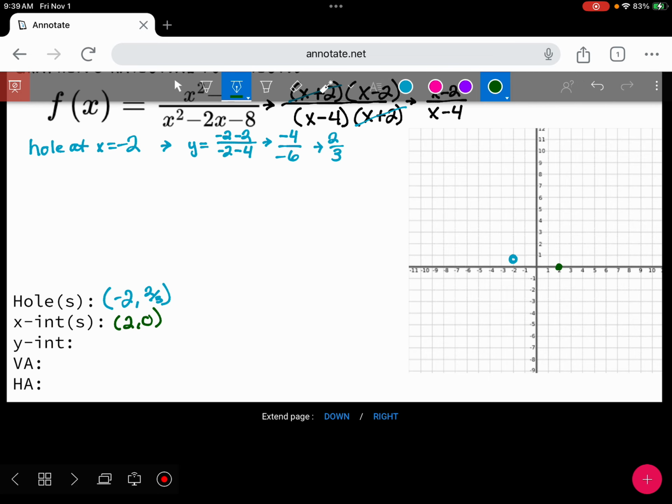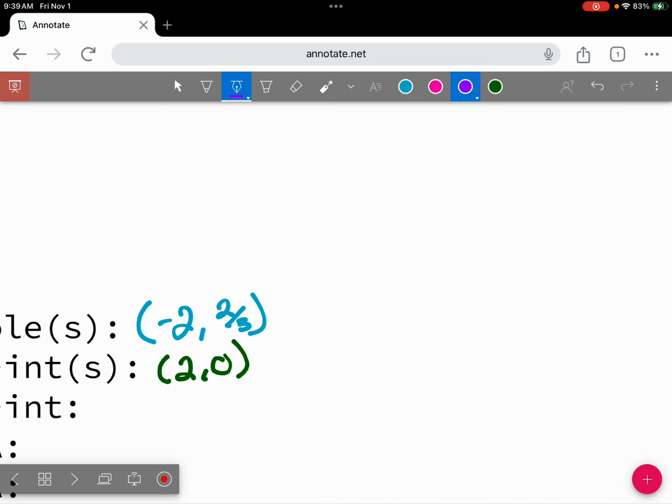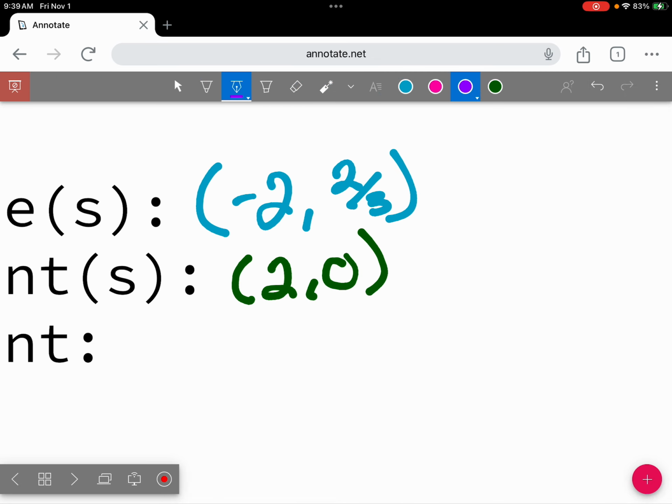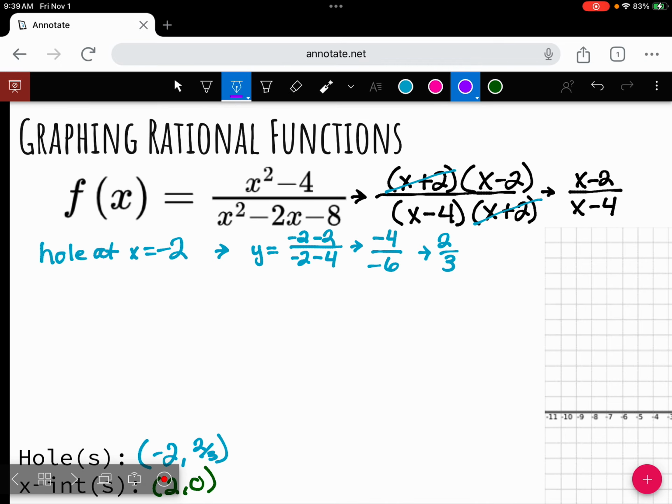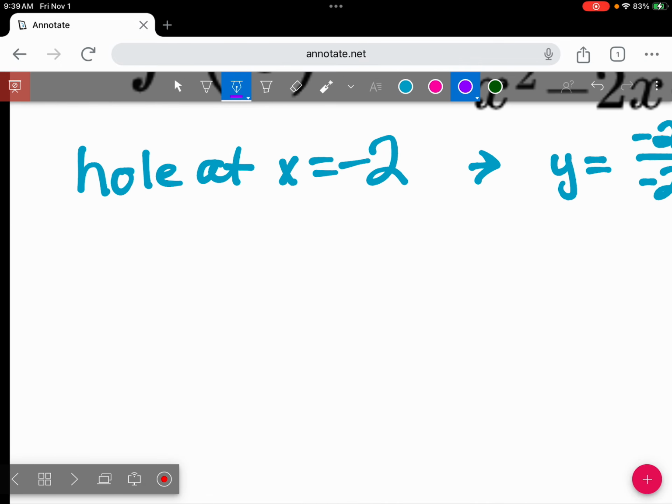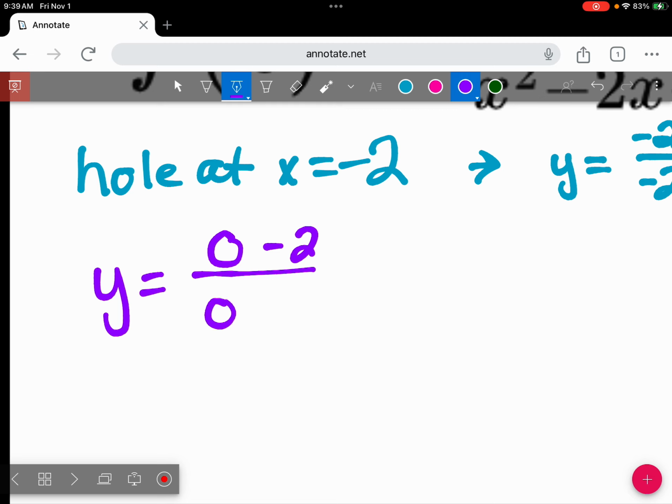Where are we going to have a y-intercept? That's when we are substituting in 0 for x. So our y equals 0 minus 2 over 0 minus 4.